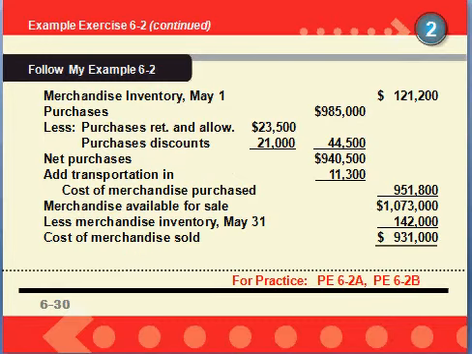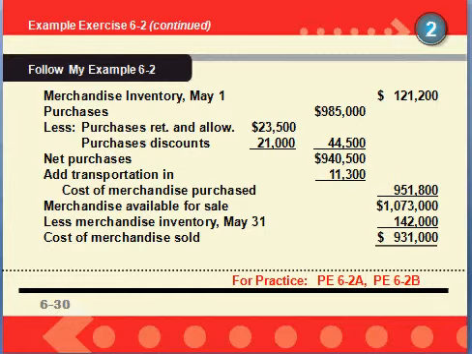So this is what our schedule looks like. Merchandise inventory May 1st, $121,200. Purchases of $985,000, less purchase returns and allowances of $23,500, less purchase discounts of $21,000, giving us net purchases of $940,500. And then add the freight in, or transportation in, $11,300.